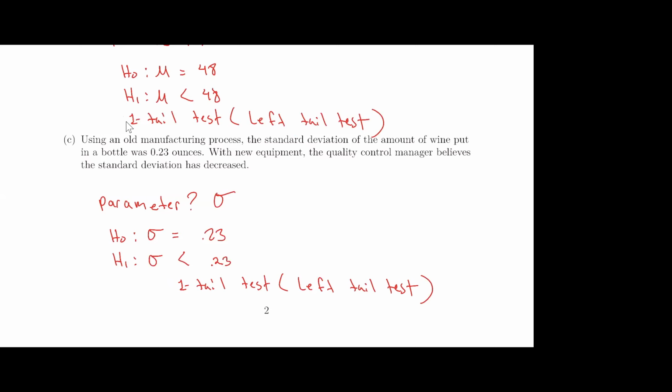Anytime you have less than or greater than, that's technically called a one-tail test because you're essentially just covering one tail, either the left side or the right side. If it's a two-tail test, essentially you have two tails because it could be either the left tail or the right tail.